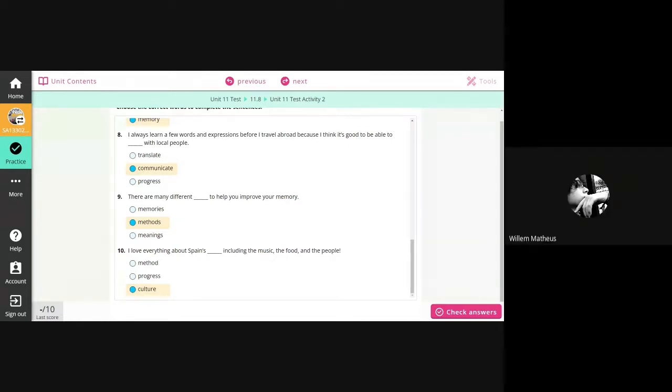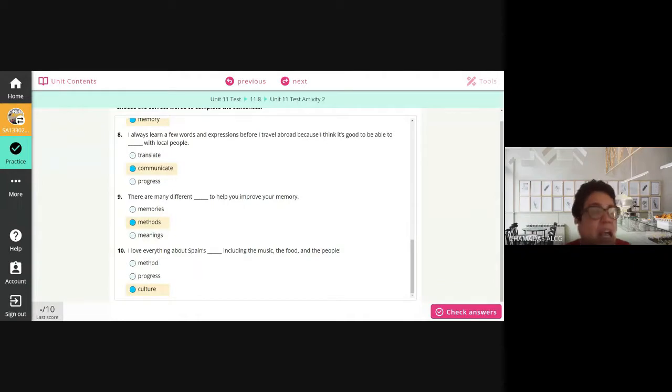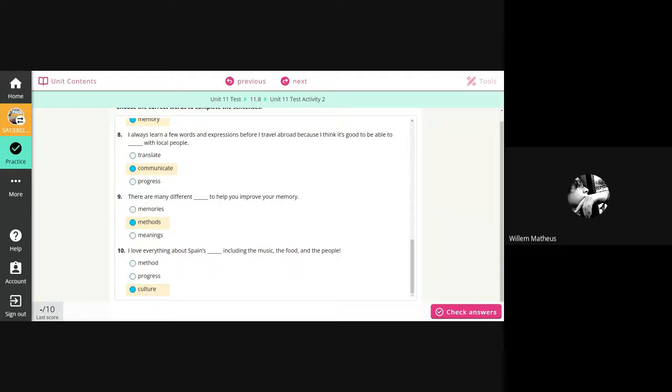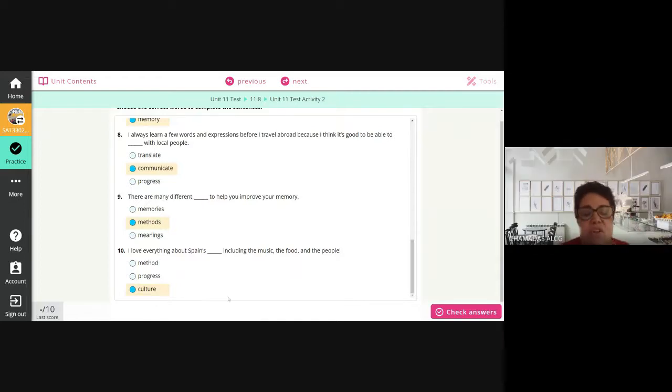Yes. Okay. But it's incredible. Almost 98% of Latin Americans mispronounce this word. Really? It's incredible. Yeah. So let's try everybody. Culture. Yes. Okay. So I love everything about Spain's culture, including the music, the food, and the people. Okay. So culture. All right.